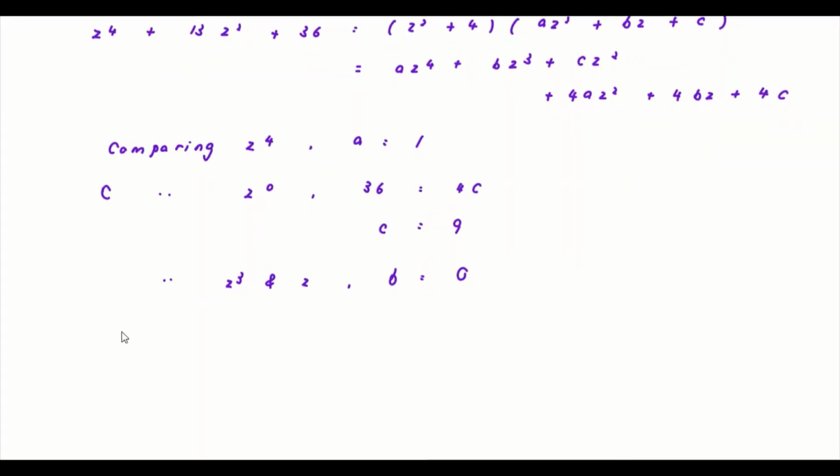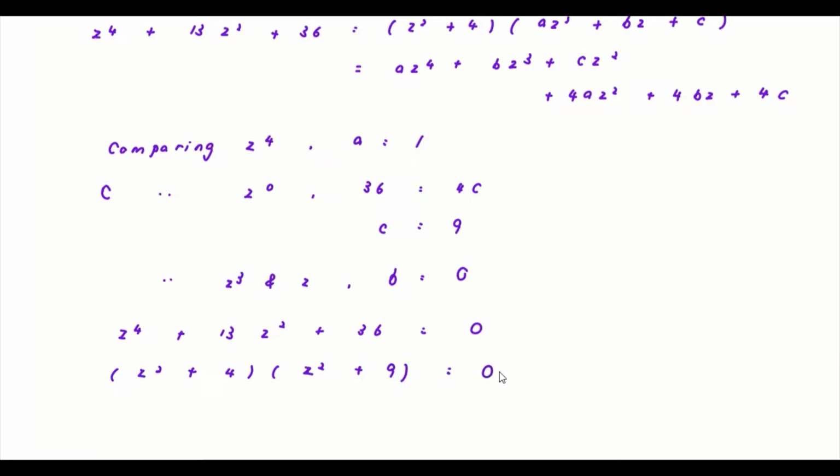So now we can try to use it to solve. So Z4 plus 13Z square plus 36 is equal to 0. When we factorize it, we will be able to get z square plus 4. The a just now is 1, right? So z square and then b is 0 plus c is 9, equals to 0.